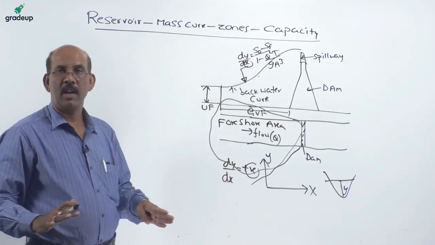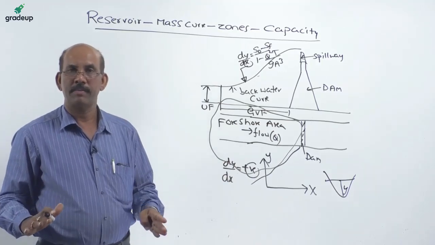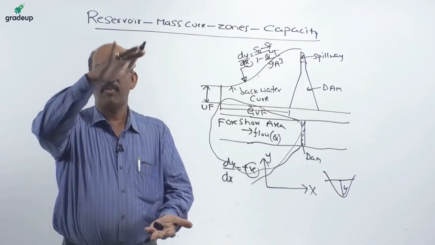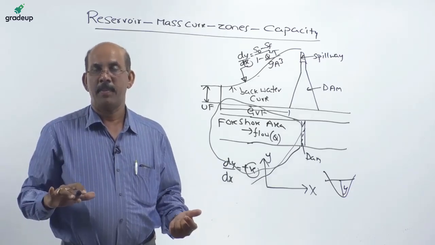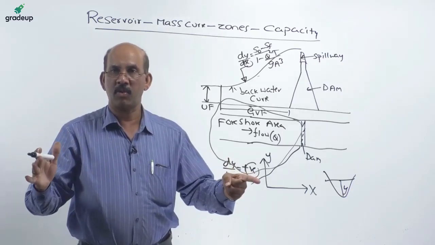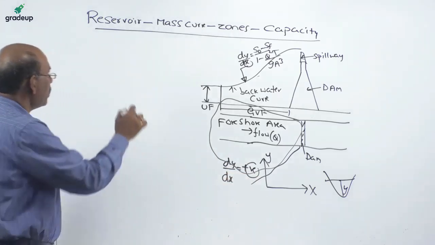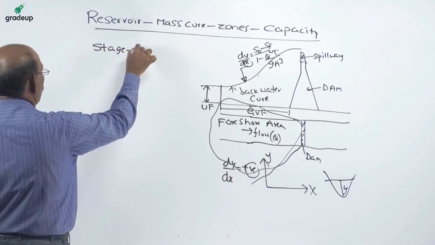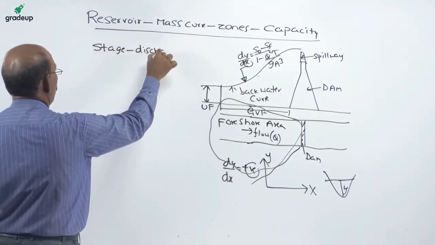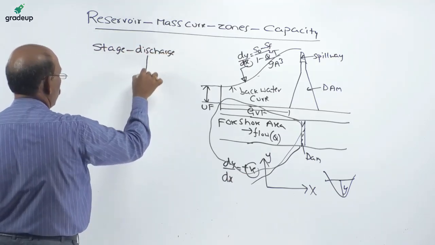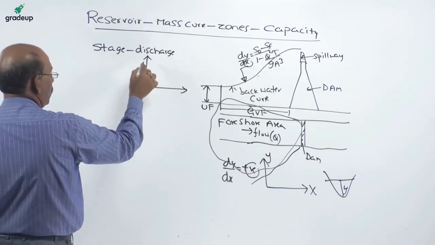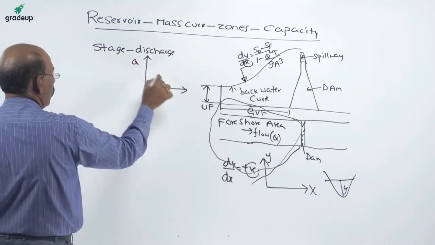Here we have two things: what is the height of the dam, and from the stage discharge relationship, the value of Q and stage.